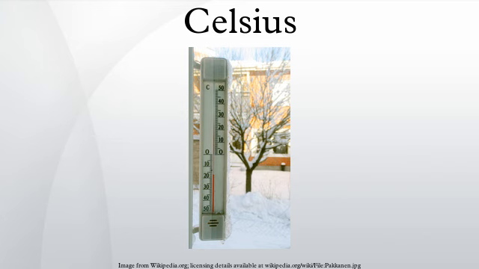Thus, it sets the magnitude of 1 degree Celsius and that of 1 Kelvin as exactly the same. Additionally, it establishes the difference between the two scales' null points as being precisely 273.15 degrees Celsius.